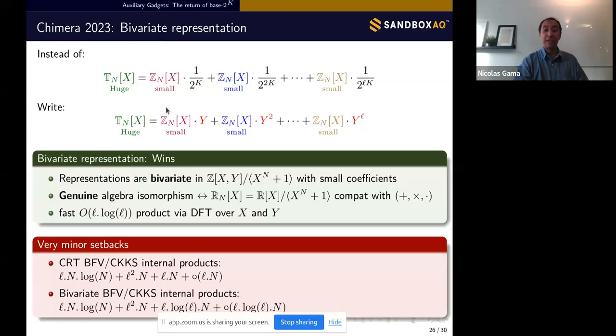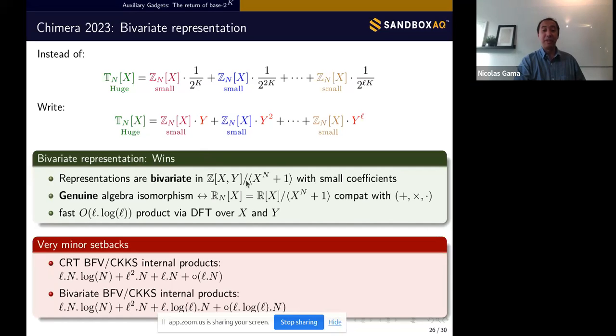And the trick is actually very simple. When I wrote the base 2^k decomposition formula, instead of taking 1/2 to the k and 1/2 to the 2k, etc., I can just formally write it as a formal variable y. And then once I've used the formal variable y, what I have is just an integer bivariate polynomial. So if I want to evaluate it, I just replace y by 1/2 to the k, and I will have the value.